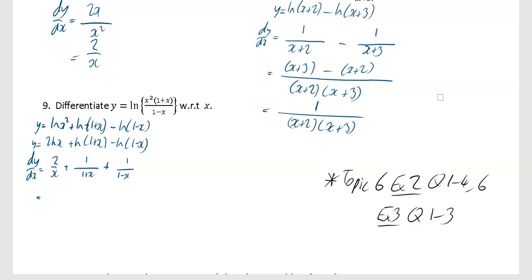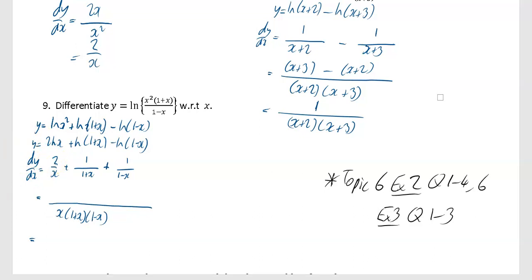Okay, you could take a common denominator. It's not a massive help in this one, to be honest. And your common denominator is going to be x upon 1 plus x upon 1 minus x. Now, hopefully you spot that 1 plus x upon 1 minus x is the difference of 2 squares. That'll come in useful when we do this. So this 2 up here needs to be multiplied by 1 plus x upon 1 minus x.